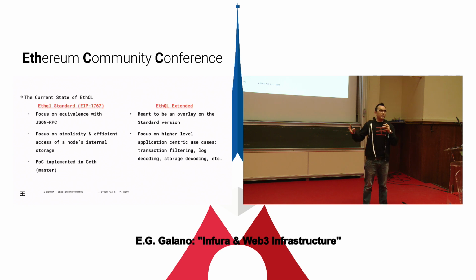Eventually, Infura, Nick Johnson, Raul, they all got together, found that we're all working toward the same end goal, and started collaborating on trying to create a spec, an EIP. So where the ecosystem, or where this area stands right now, is that we've just opened up an EIP for comments, 1767, and it's focused on basically equivalence with the JSONRPC from the node perspective.